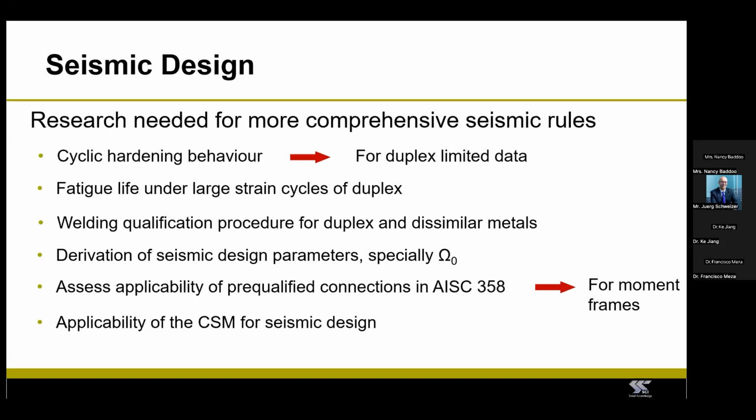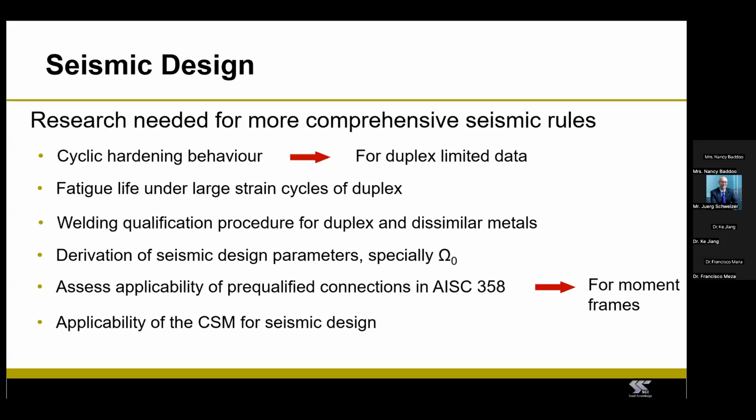The last research topic I have here is about looking at extending the continuous strength method to cover the seismic design of stainless steel structures. It is possible that the CSM material model might need to be modified to account for cyclic hardening.